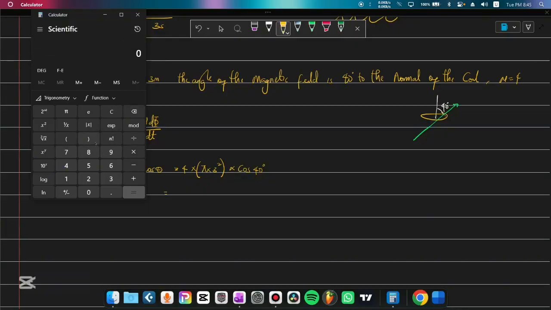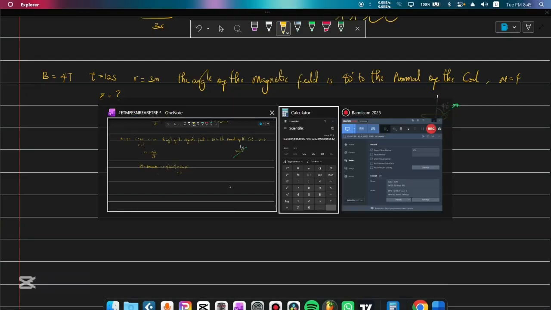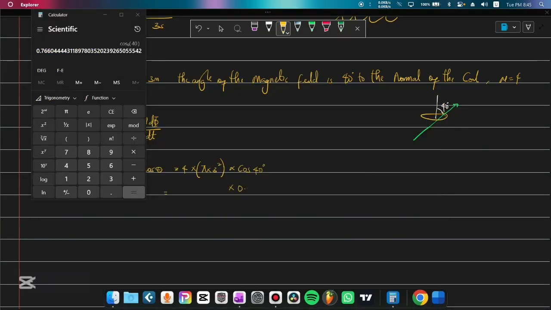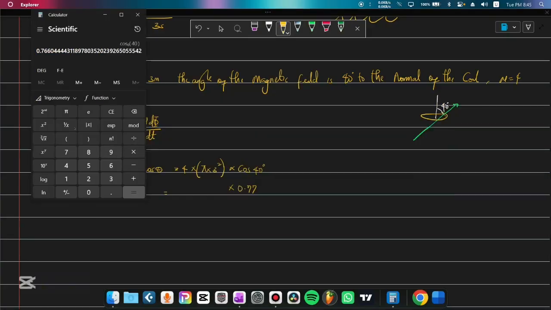So we're going to be having cosine of 40 first. What is the cosine of 40? We have 0.76 or 0.77. So 0.77. And what is pi times 3 squared?